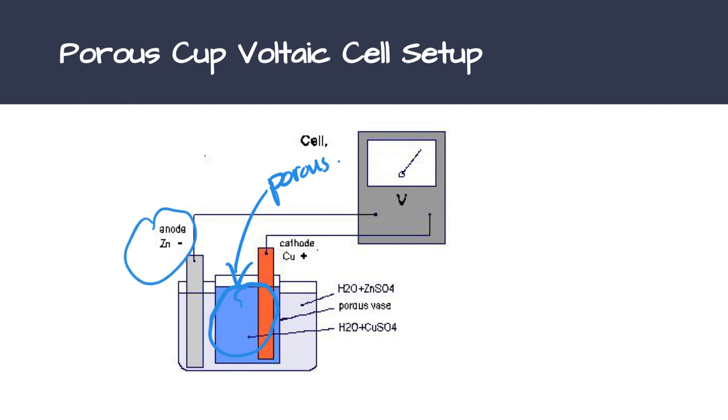And then because you have the ability for ions to flow back and forth, there's no need for a salt bridge. So it's actually an easier setup to do for a voltaic cell than having to set up everything with two different half cells plus your salt bridge. So this one's kind of my choice, and the way I like to set up my voltaic cells if I have to set one up.